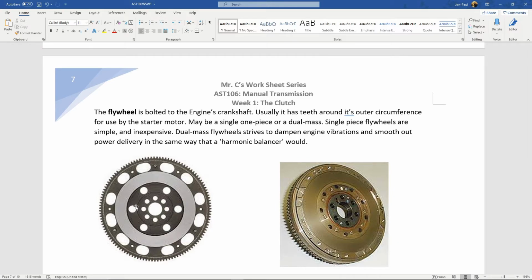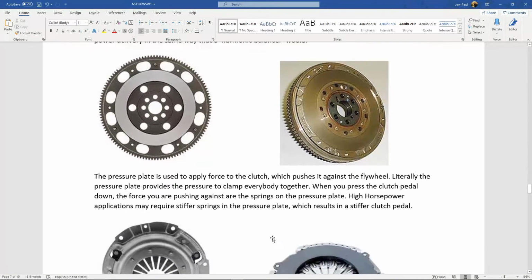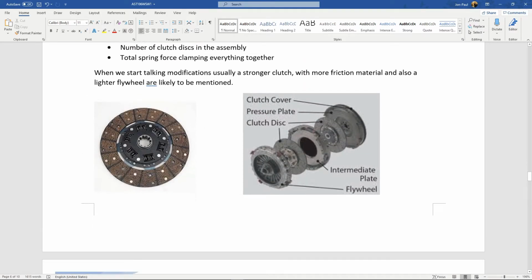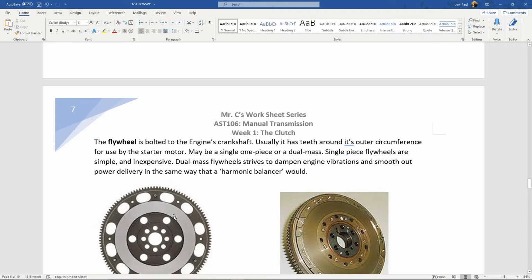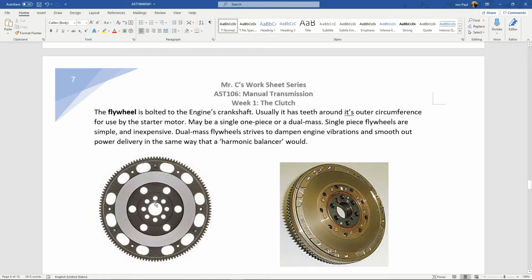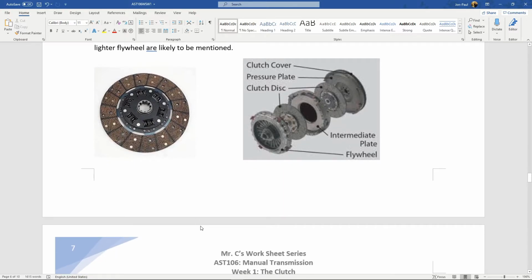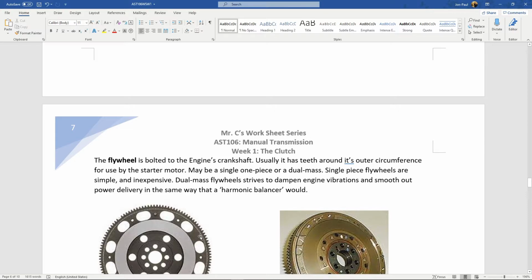Now you let the clutch pedal go. It comes to the top. The pressure plate goes back where it was, squeezes the clutch disc against the flywheel, and now the flywheel is spinning. It's bolted to the crankshaft. The clutch is spinning the same RPM, and the splines here will transmit the power to the input shaft of the transmission, and then we have the input shaft of the transmission doing the exact same RPM as the engine is.